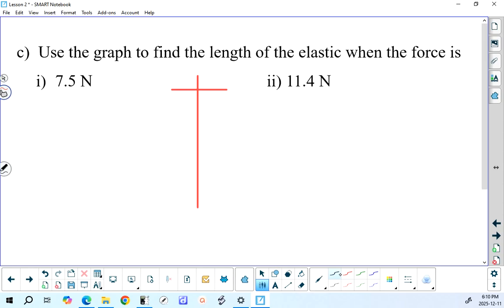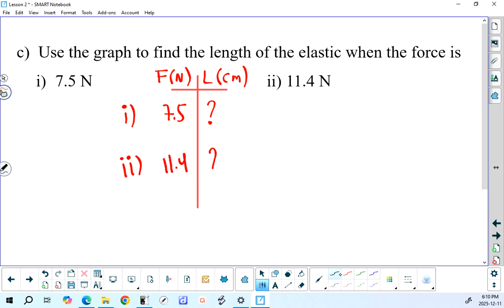I'm going to show this using a table of values. We'll put force first, in newtons, and then my length, in centimeters. Question 1 is asking us, when this is 7.5 newtons, what is this? And question 2 is asking us, when this is 11.4 newtons, what is this?